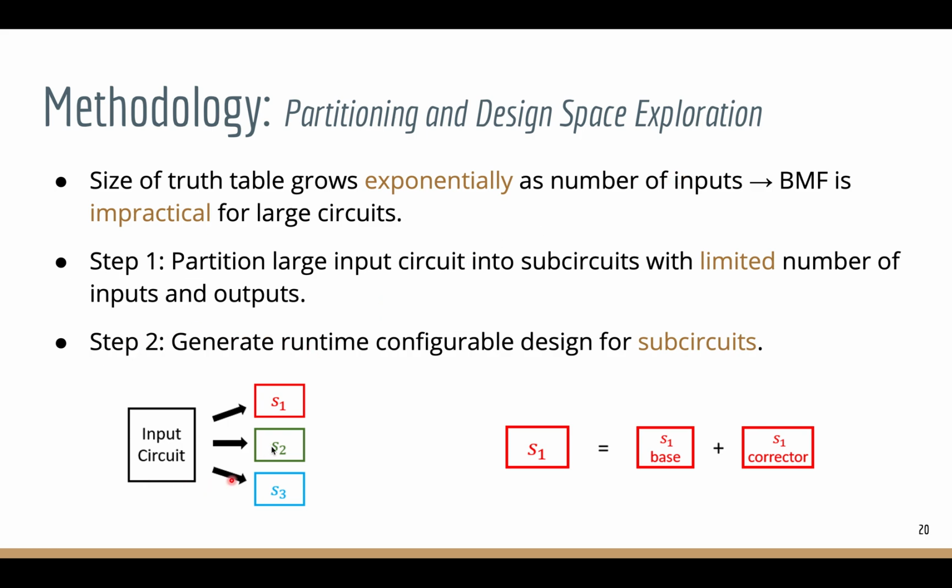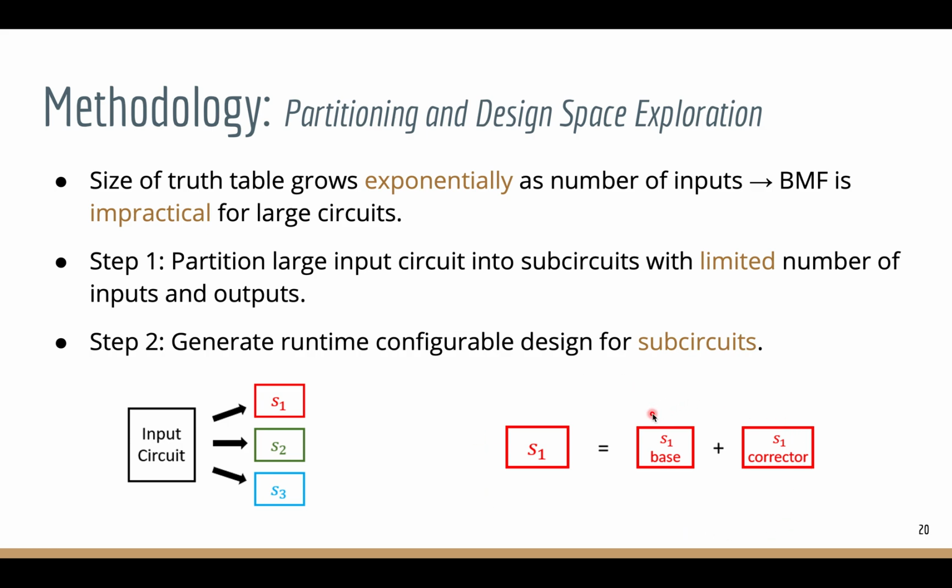The first step is to partition the large input circuit into smaller ones. More specifically, we would like to continue breaking down the input circuit until all sub-circuits have a limited number of inputs and outputs, for example 10. After limiting the size of sub-circuits, we are able to generate a runtime configurable design for each sub-circuit.